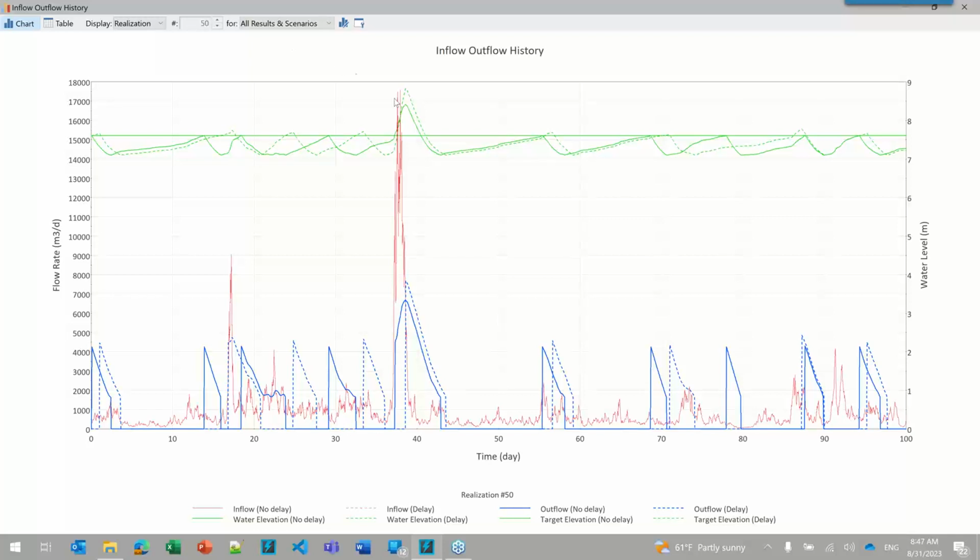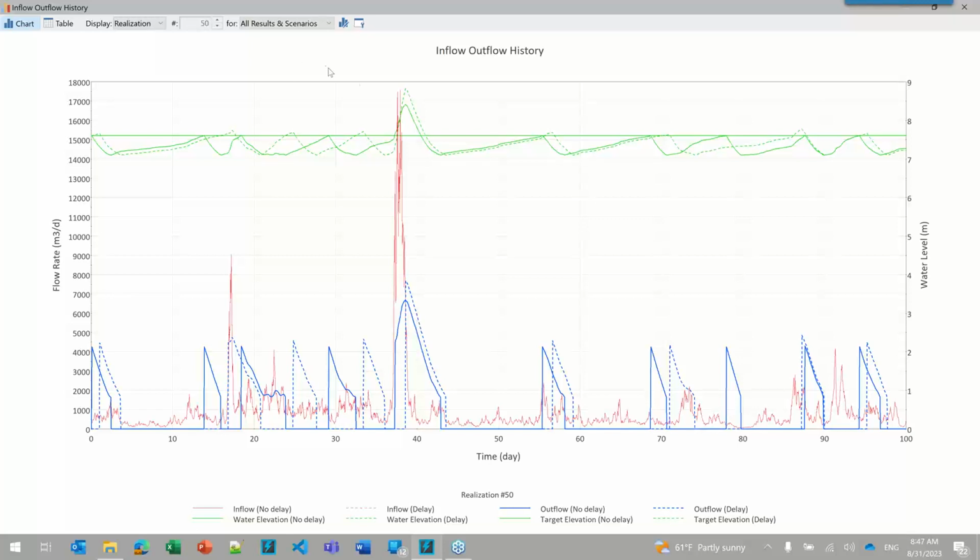But anyway, you can see here there is an impact on water level due to our delay that we can see immediately. And you can see every time, the difference here, the dashed line is with our delay turned on, and the solid line is with no delay.